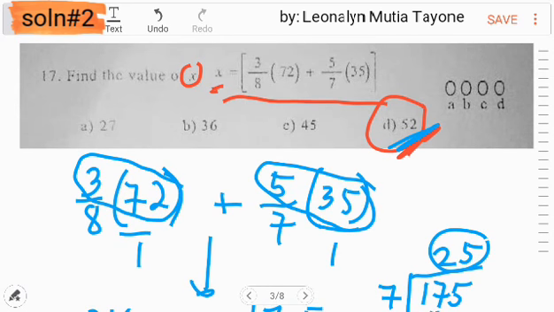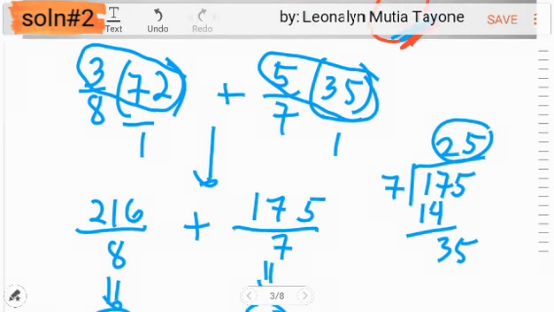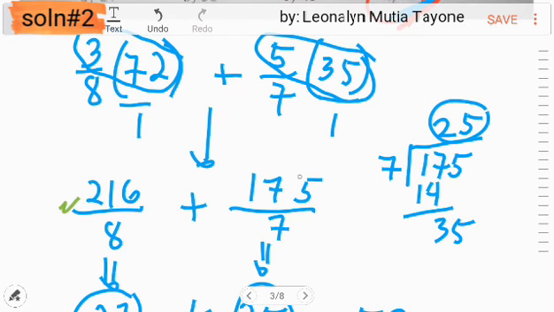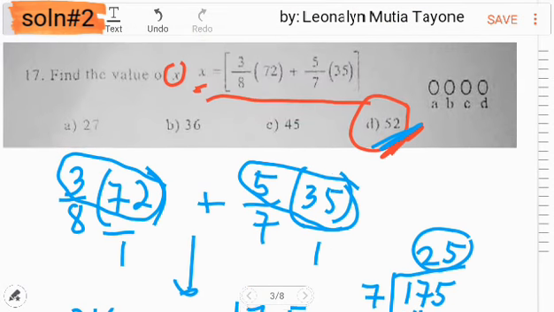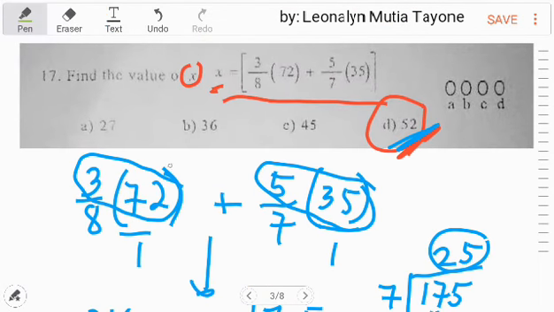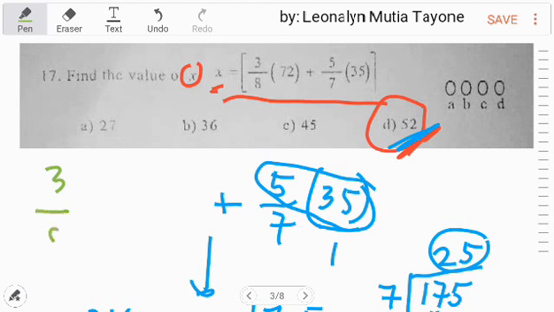Para hindi na kayo mahirapan na mag-multiply pa ng medyo malaking mga numbers katulad dito na 216 at saka yung 175, mas maganda na yung direkta ka nang mag-list muna. Itong 8, denominator.